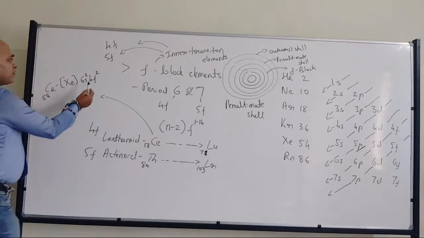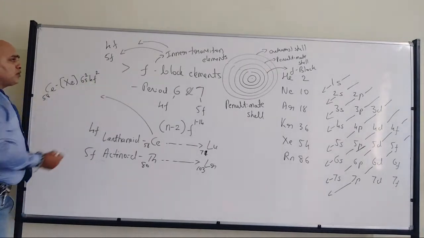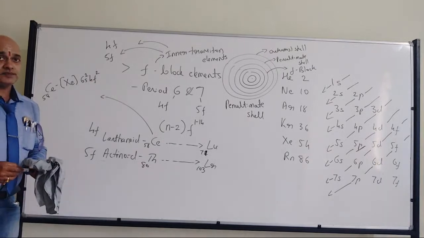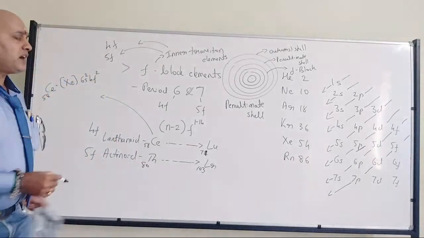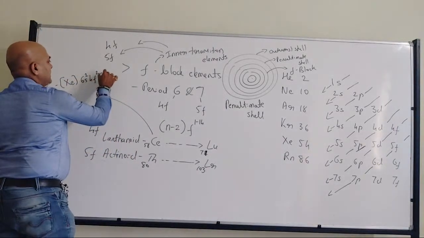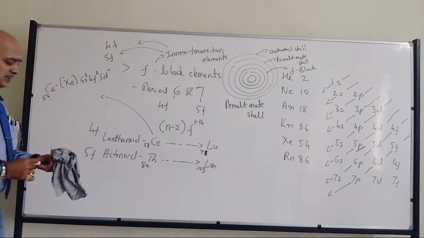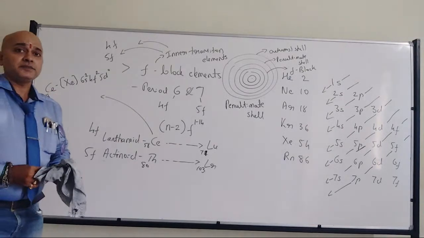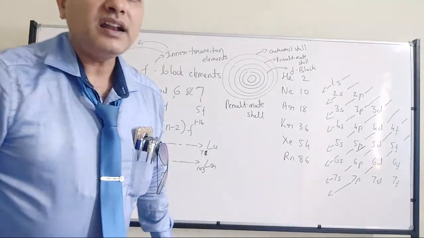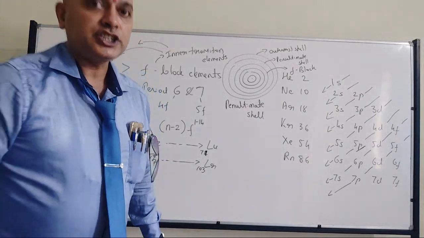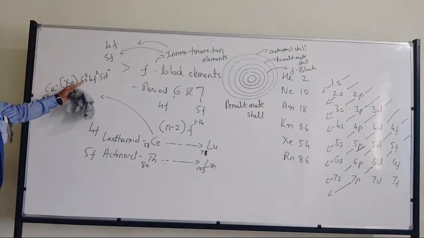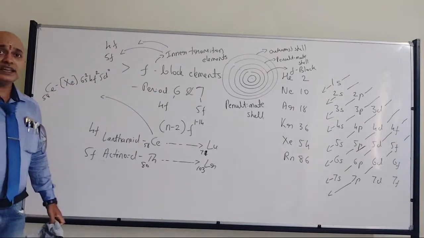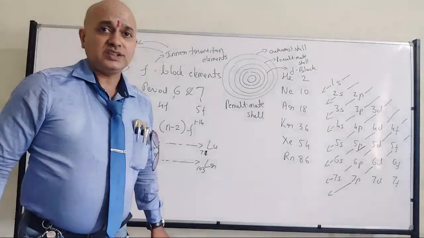You can even make 4f come first and 6s go outside, that is also fine, because 6 is the larger number. The 5d does not have any electron because that many electrons are not there. Yes, Ashish, absolutely correct. So we have 4f2, 6s2 as the outermost energy level.